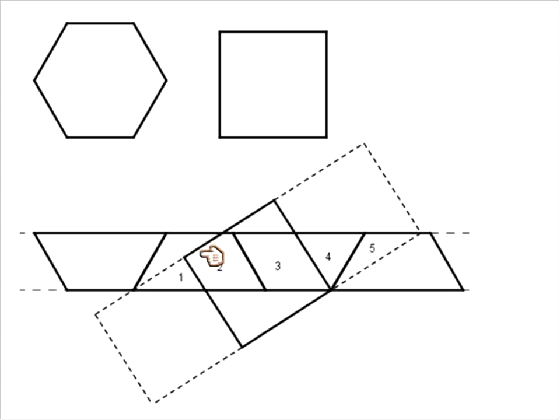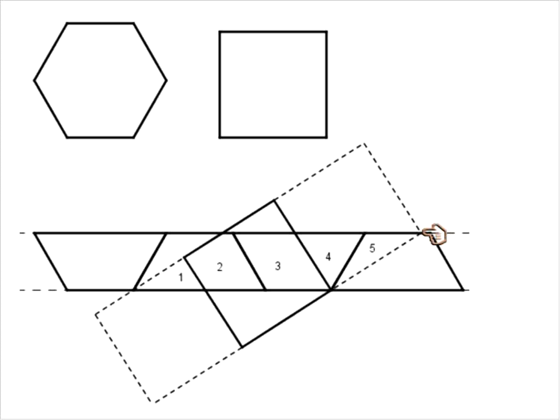And now the crucial thing is you've got to tilt the strip of squares at a particular angle. Now I've drawn in 3 of the squares in the strip, and you'll notice that this rightmost square has one corner on the bottom of the strip of trapezia, and the next corner is on the top side.